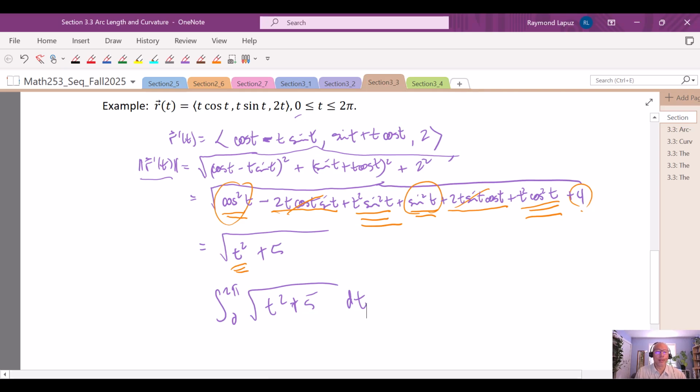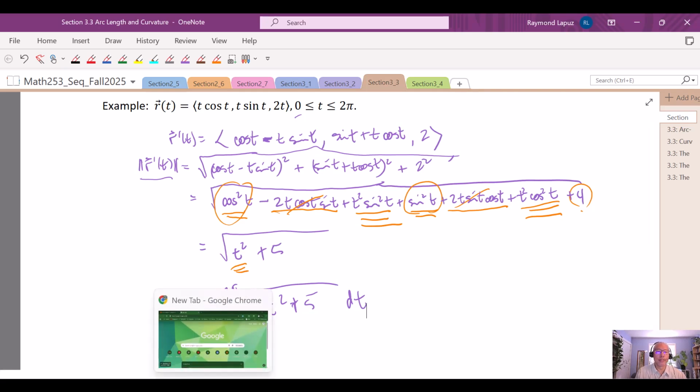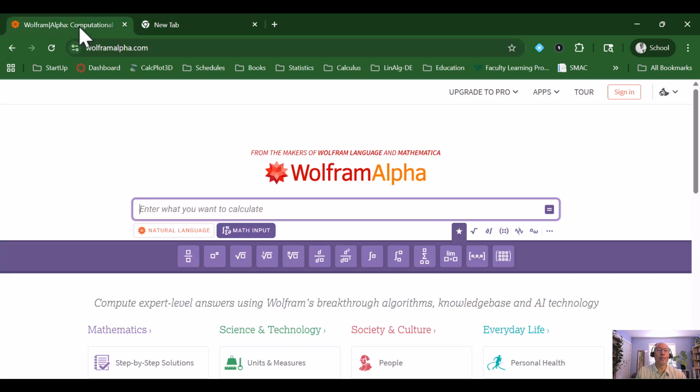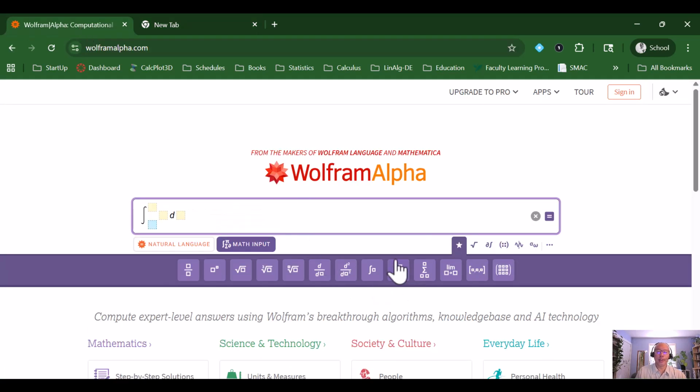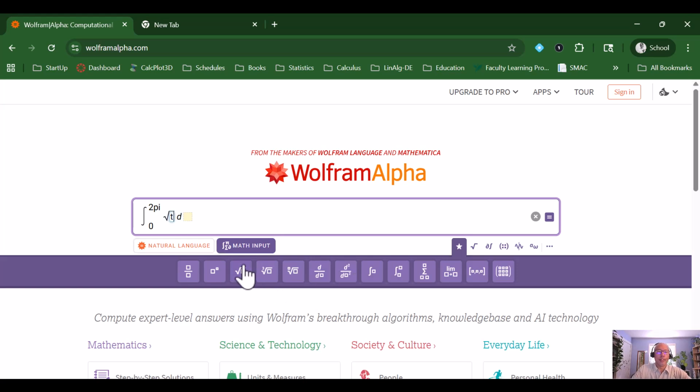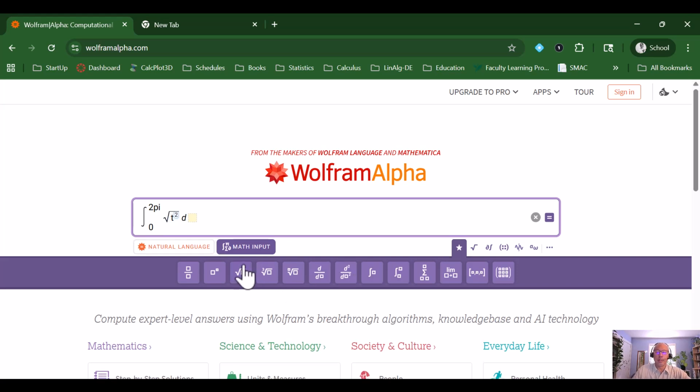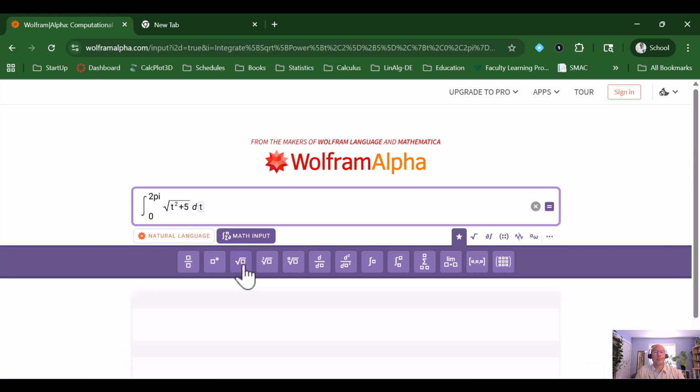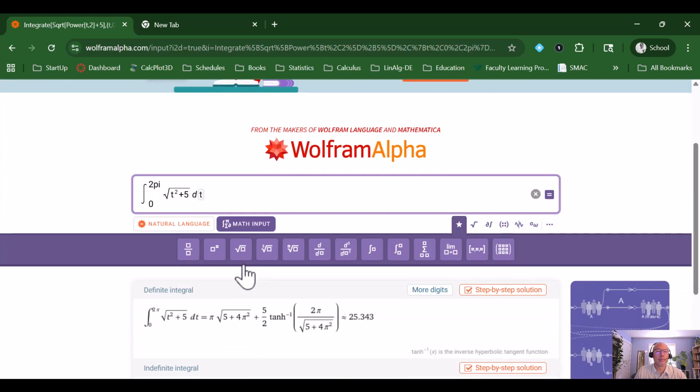So let's just go ahead and take advantage of Wolfram or any integrating program that you have. So we're going to integrate from 0 to 2 pi the square root of t squared plus 5 dt, and then get our result.